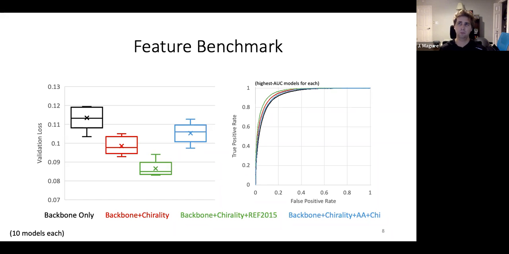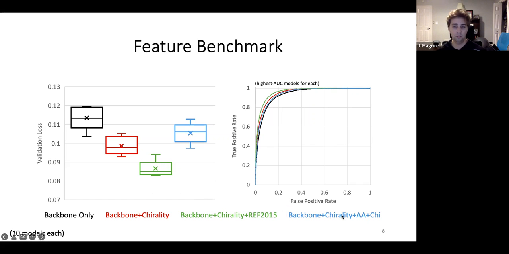I forget the exact number, but there are a little over a dozen terms in Ref 2015, and each one gets represented directly: one-body energies on nodes and two-body energies on edges, as presented in Rosetta. So hydrogen bond, backbone long range, backbone short range, backbone sidechain, all of the individual terms in the weights file of Ref 2015 get their own feature. And that performs the best.